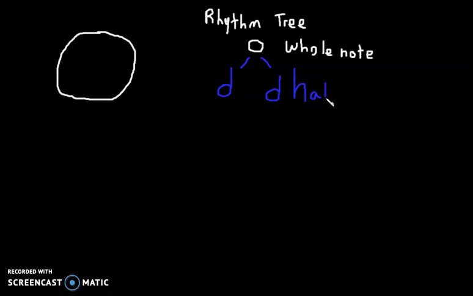A half note is 2 beats long. 1 half note is 2 beats long. Half note, half note. So when you think about your whole pizza here, and it was 4 beats long, the whole note is 4 beats long.